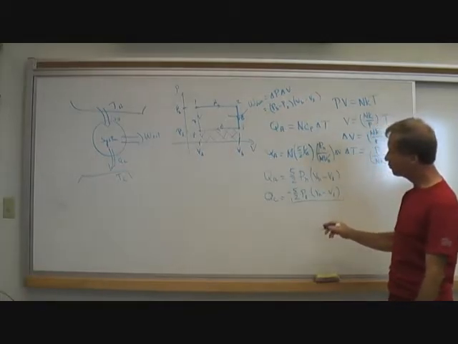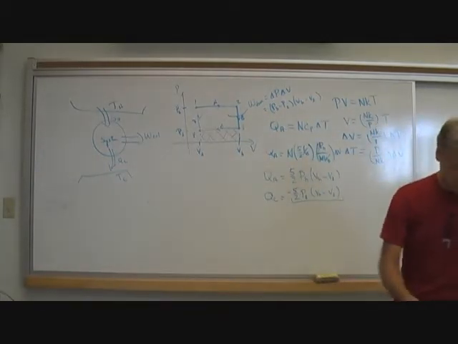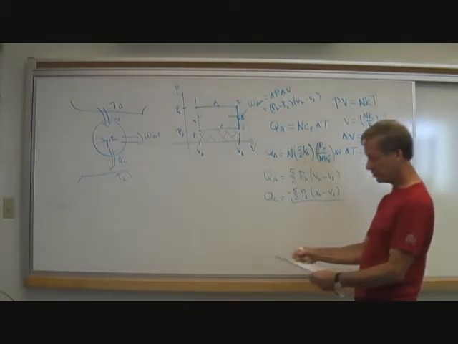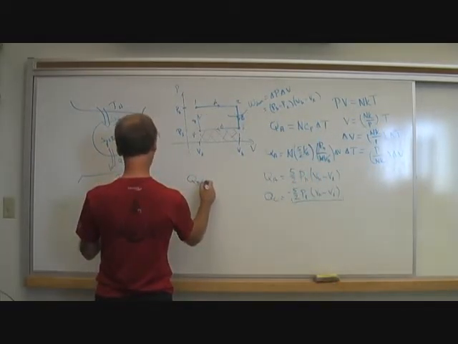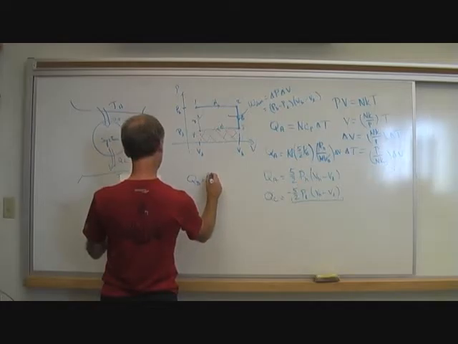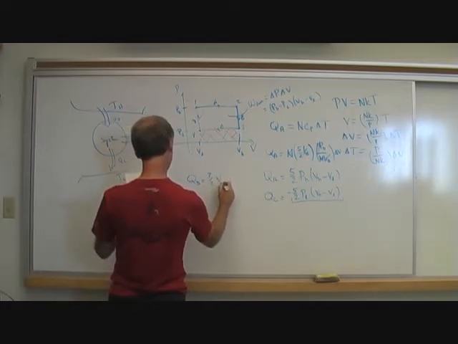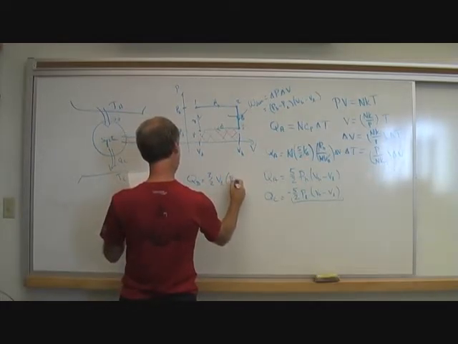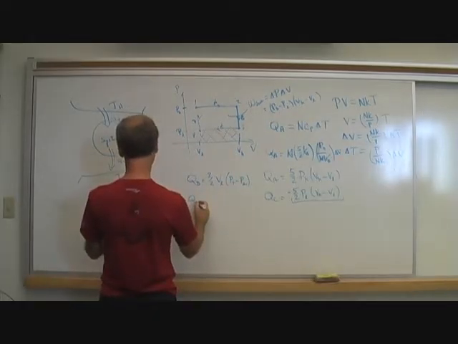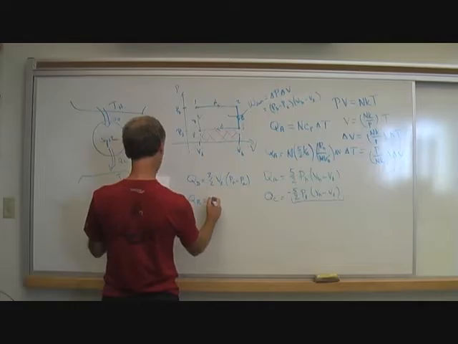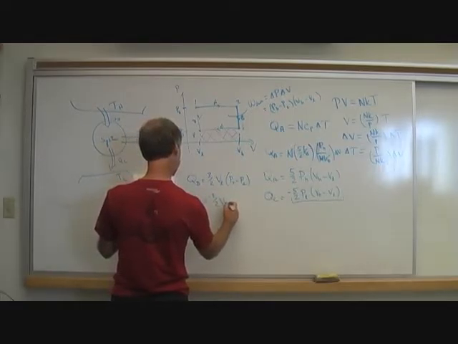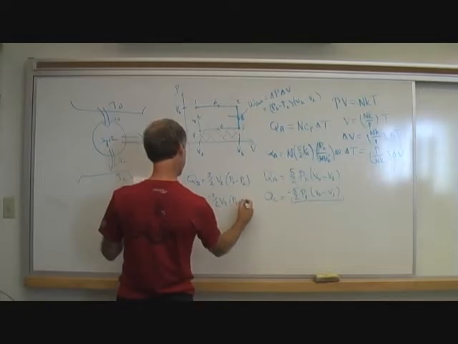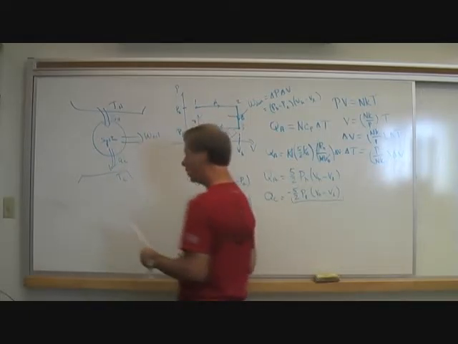And what we end up with, if we do that, I'll look here so I don't mess it up, is that Q sub D is going to end up being 3/2 VL (pH minus PL), and Q sub B, which is the only one left, is going to be a minus 3/2 of VH (pH minus PL).